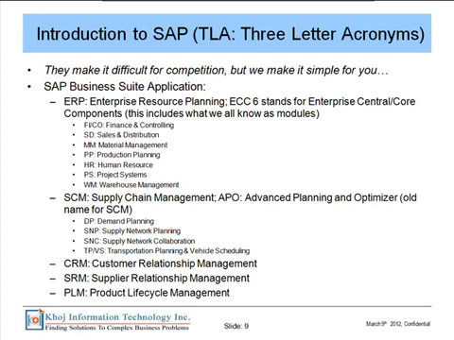CO is for controlling, SD is for sales and distribution, MM for material management, PP for production planning, HR for human resources, WM for warehouse management, PS for project systems. These modules are different functional areas in the product, but also different areas in which people specialize.